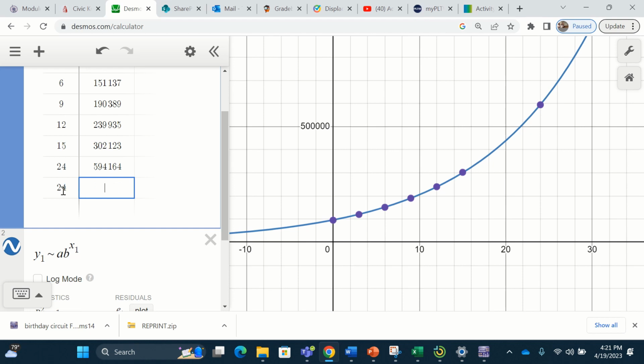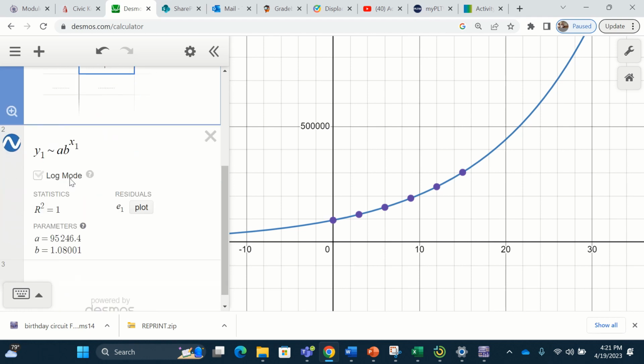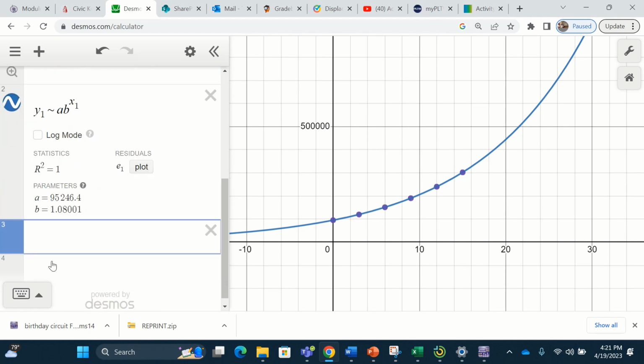So what we're going to do is use our equation now that we know that we're looking for year 24. Down here, this is going to be a one-step thing. We want to figure out what y is when x is 24.